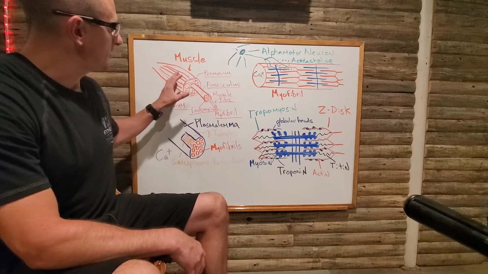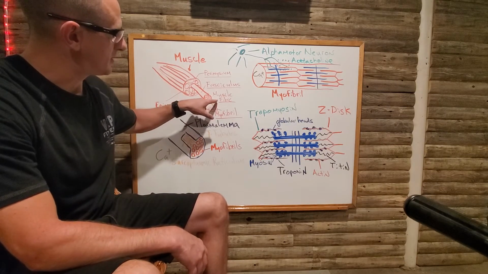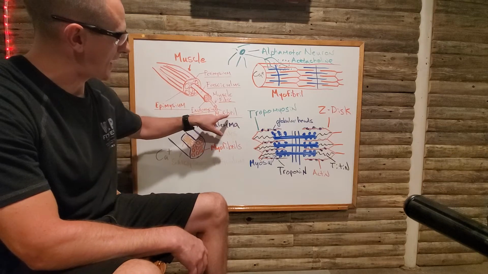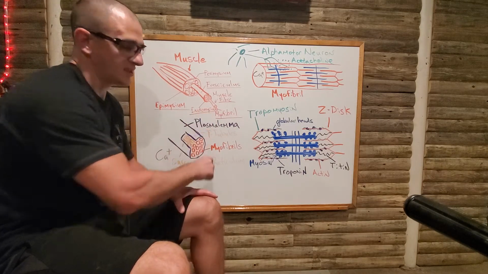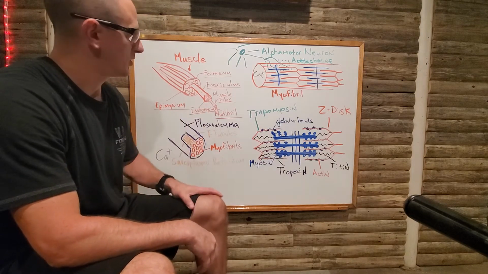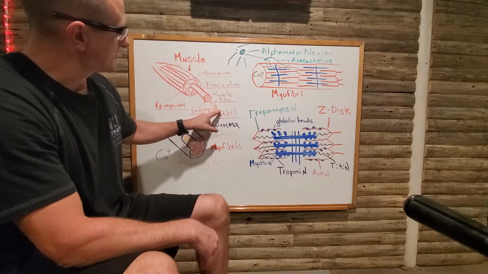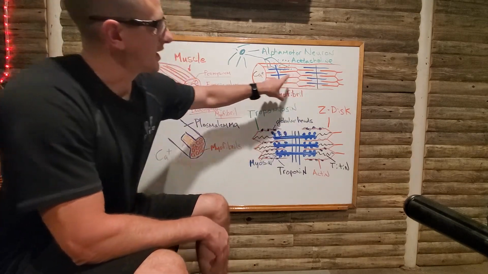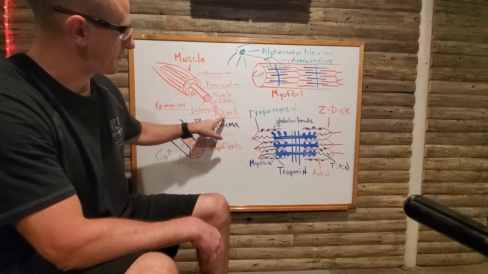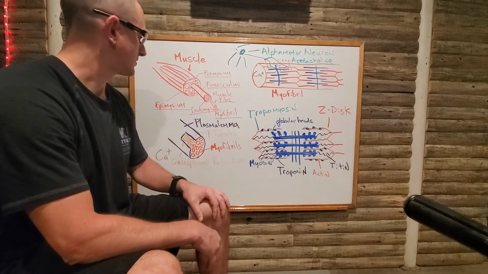So really the only thing that we need to worry about right here is this very last one here called the muscle fiber. And the myofibril comes out of a muscle fiber, and you can see there's multiple ones in there. And then over here, this little part right here is this. This is what's going on inside of a myofibril. That's an important part of a muscle.